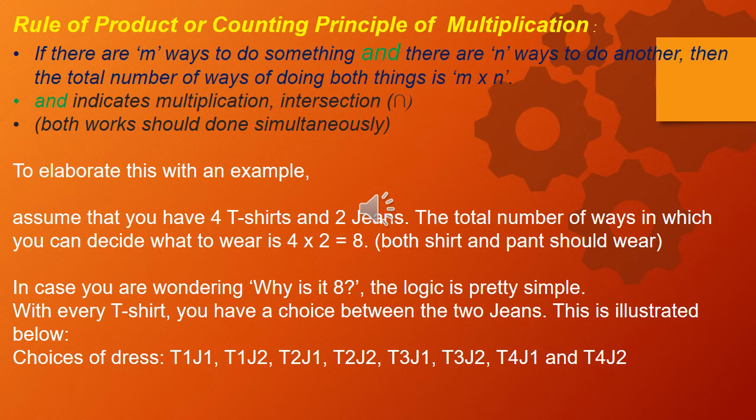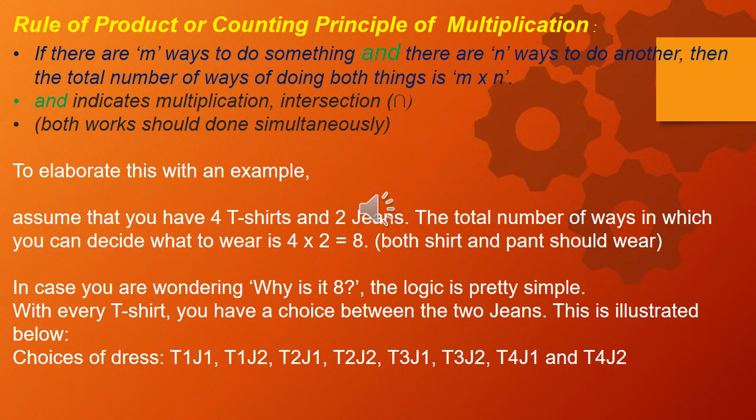This is what the counting principle of multiplication states. According to it, both works W1 and W2 should be done. In the counting principle of addition, either W1 or W2, only one of the works is done. This is the difference between the counting principle of addition and multiplication.